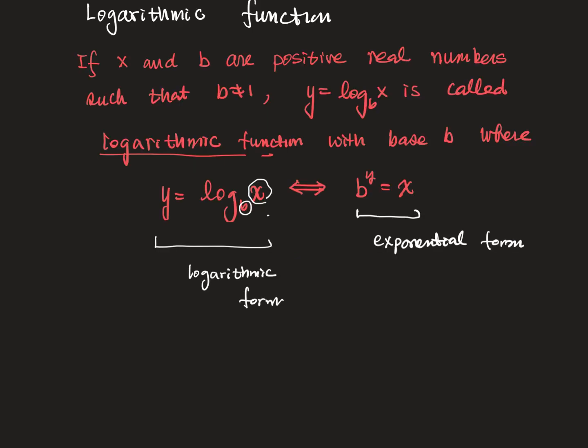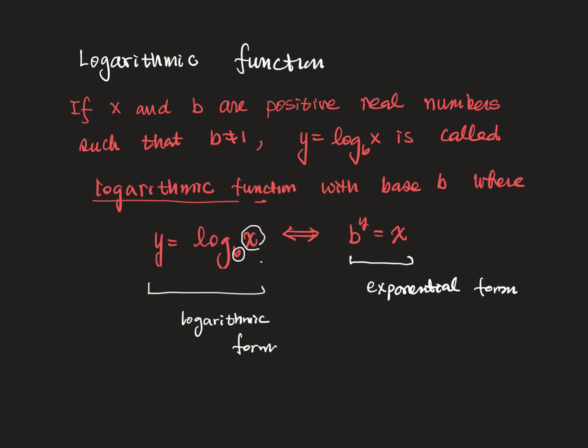So here's the definition of the logarithmic function, guys. x and b are positive real numbers, and b cannot be 1. We already talked about it. b is greater than 0. Then y equals log base b of x is the logarithmic function with base b.